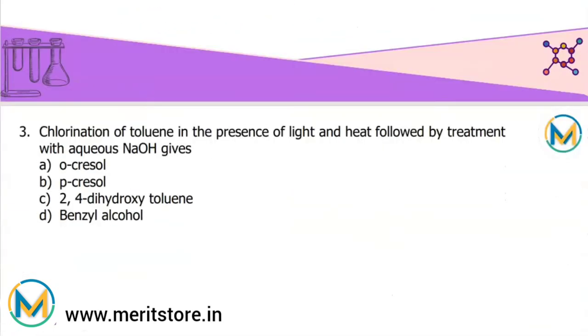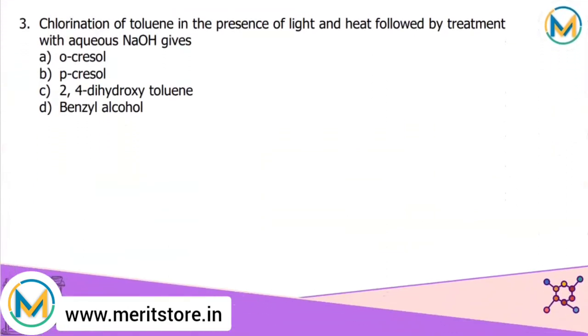Looking towards the next question, that is the chlorination of toluene in the presence of heat followed by the treatment of aqueous NaOH gives. So we can write the reaction. We can make a toluene first.